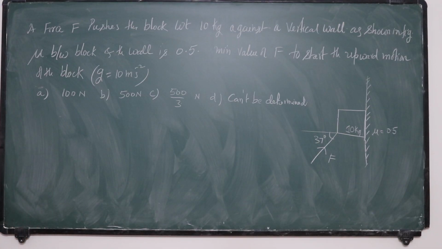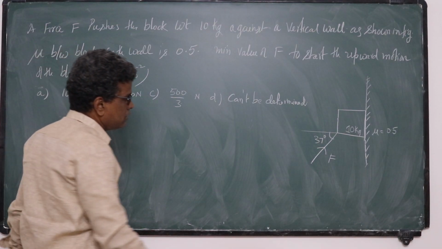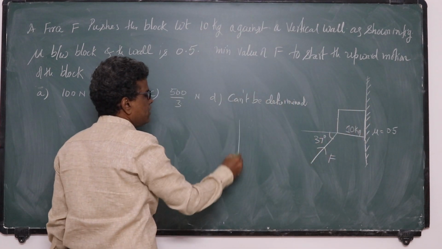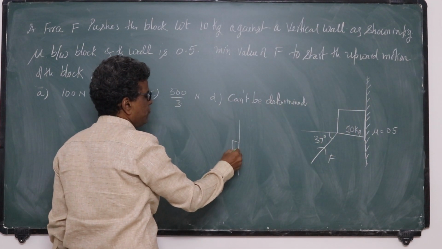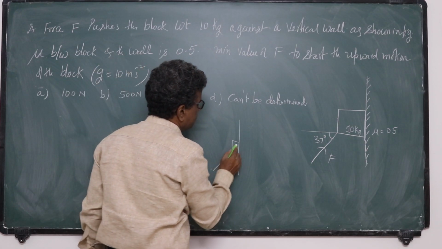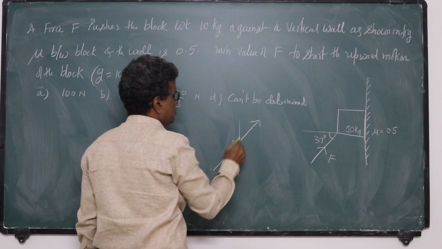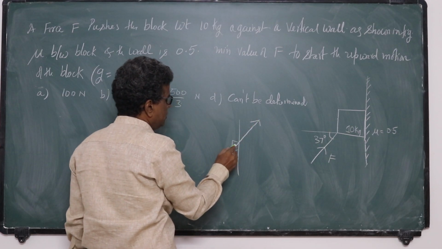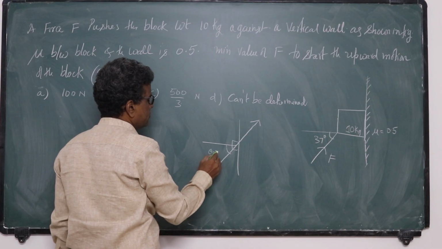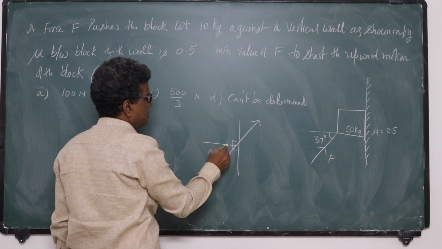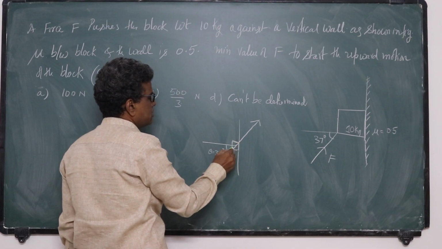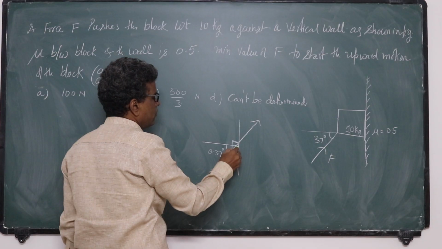Okay, see, this block is pushing against a wall. So you draw the FBD of this block. The force is applied in this direction. So this angle with the horizontal is theta, that is 37 degrees. I will try to draw the FBD of this block. So what are the forces acting on this block? This is a wall.